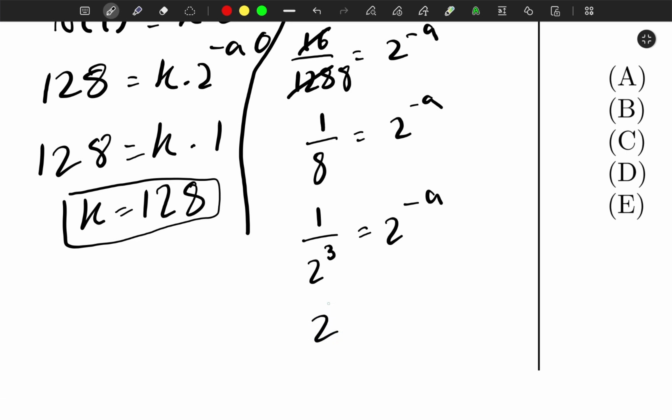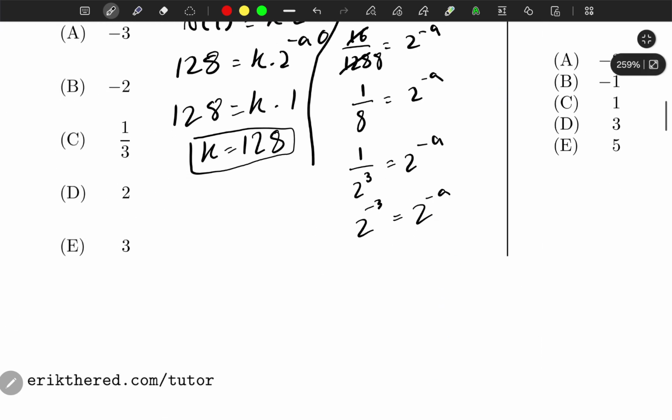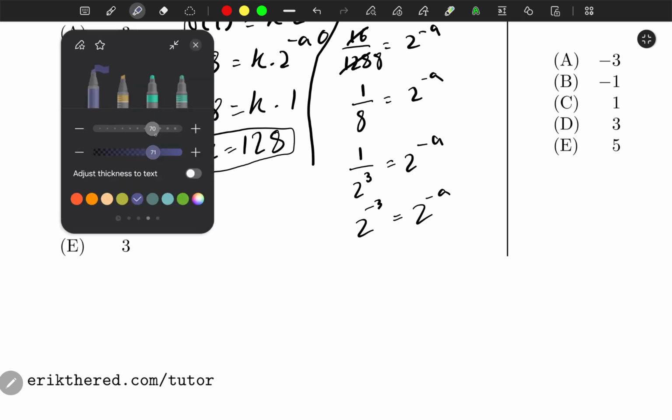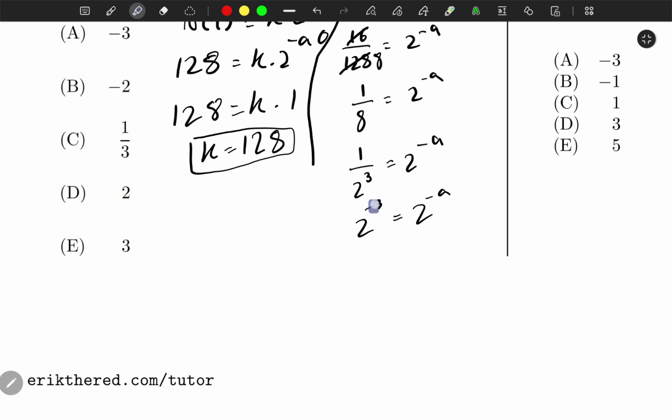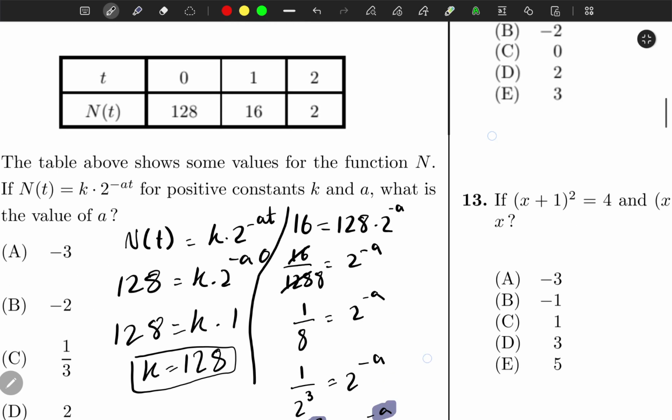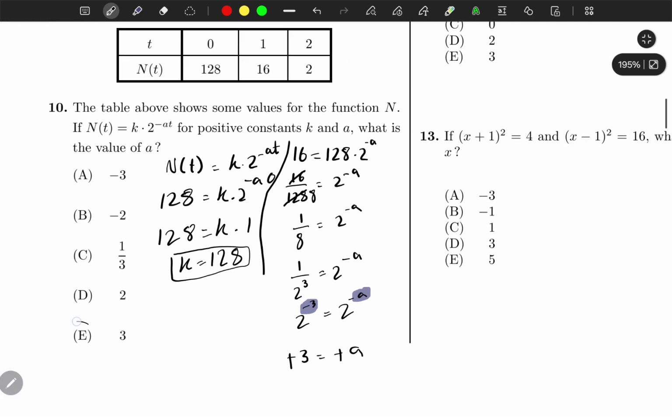So you're going to be left with 2 raised to minus 3 is equal to 2 raised to minus a. And so you can now equate the exponents over here, so we can write this down as minus 3 is equal to minus a. And so once you cancel out the minus signs, you'll be left with 3 equals a. So we had to find the value of a, and it's going to be 3 over here.